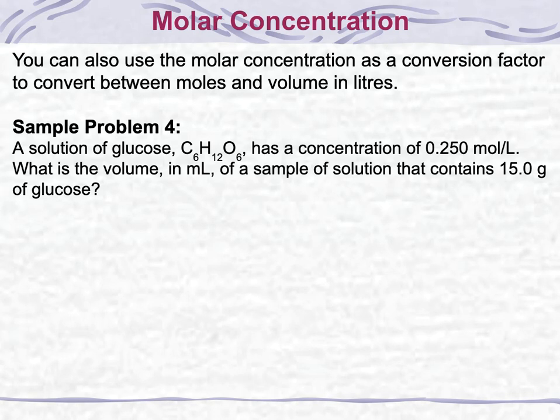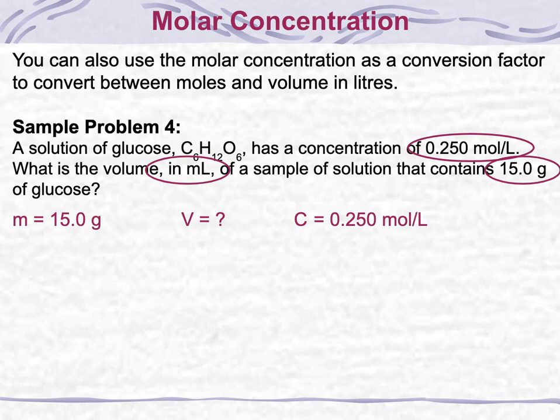So what is the volume in milliliters of a sample of solution that contains 15.0 grams of glucose? So the information in the question, we've got this mass of 15 grams, and we've got a concentration of 0.250 moles per liter. We need to find a volume in milliliters.